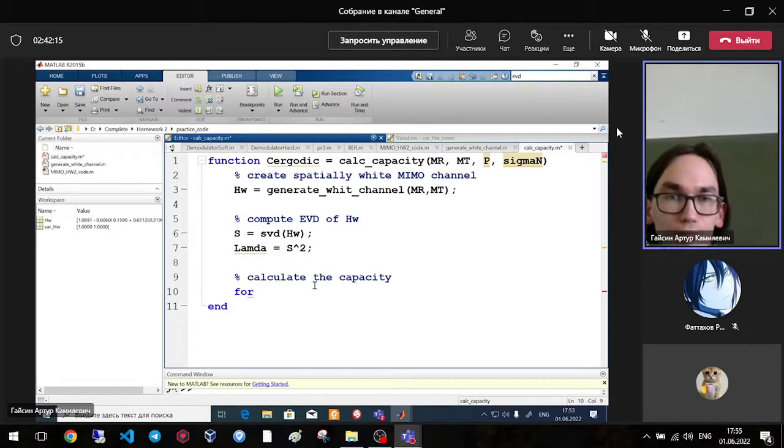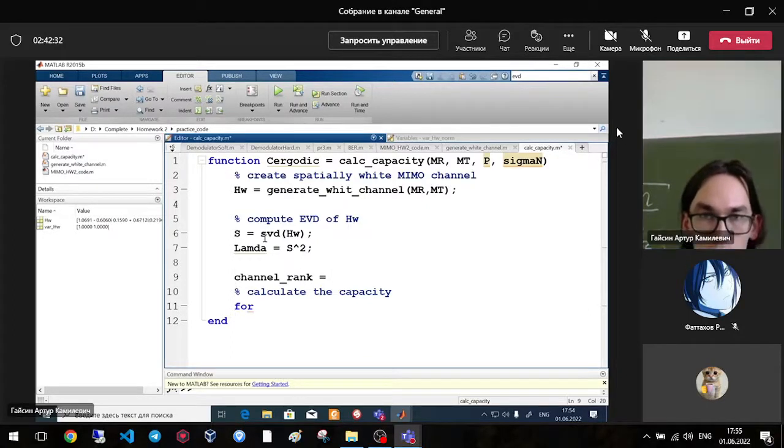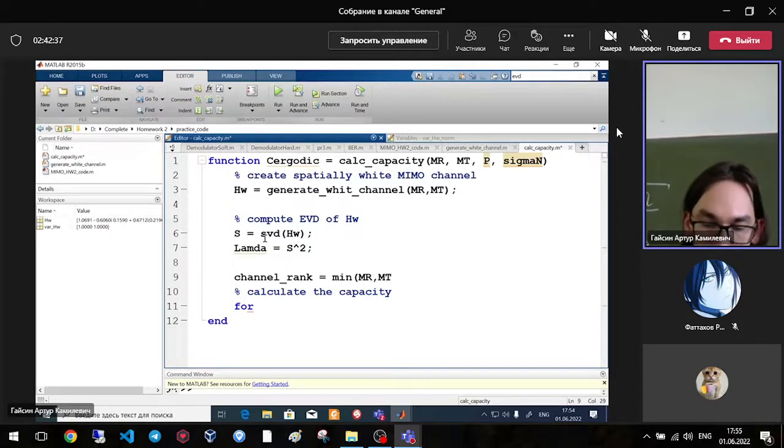The rank is equal to the value of MR MT. But for our case, it should be equal to 2, I think.